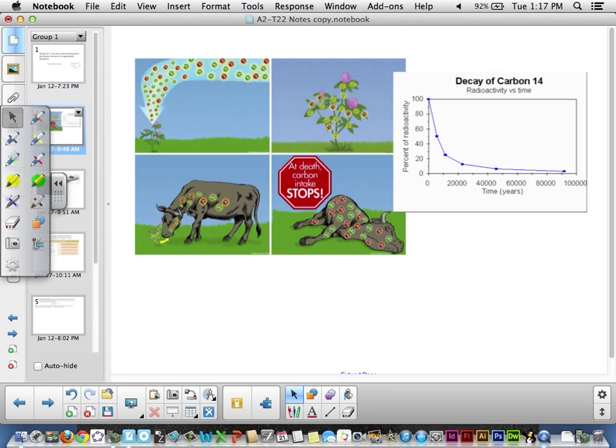You've heard of carbon dating. That's what they use to tell how old fossils and artifacts are. So you can see in this example, half of the amount is left after, it looks like, 5,000 years. Another 5,000 years, half from there. So it goes from 100% to 50% to 25% in a matter of 10,000 years.